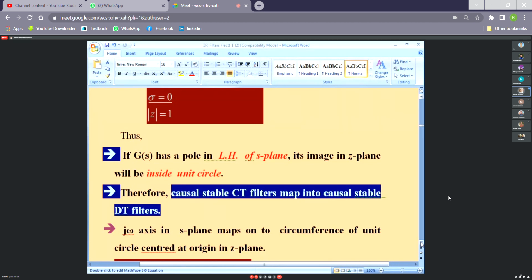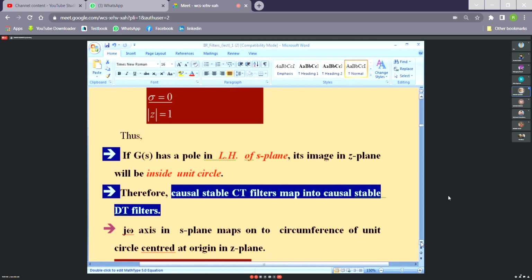If you just concentrate on the mapping of the j omega axis, when we considered the exact relation between S and Z, what happened? Whenever you cover a span of omega S along the j omega axis, the unit circle centered at origin in the Z plane was traversed once.